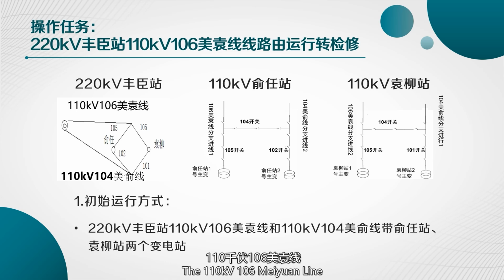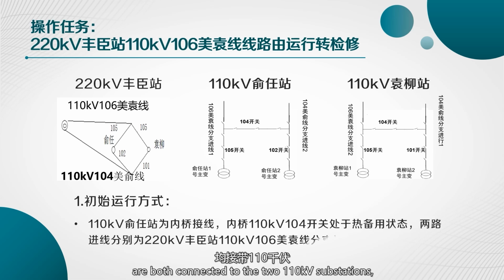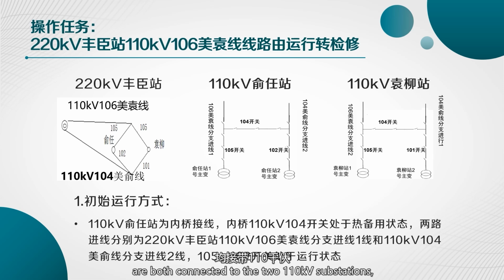The 110 kV 106 million line and the 110 kV 104 million line are both connected to two 110 kV substations, that is, 渔人 station and 源流 station.